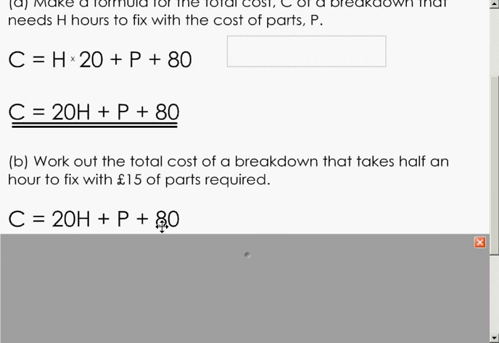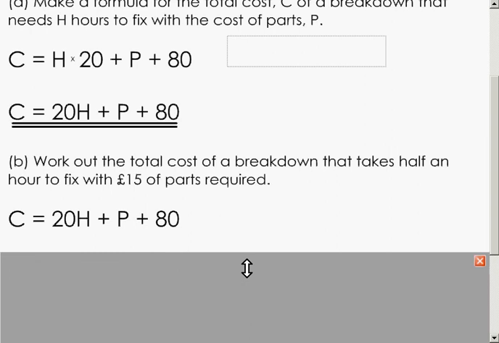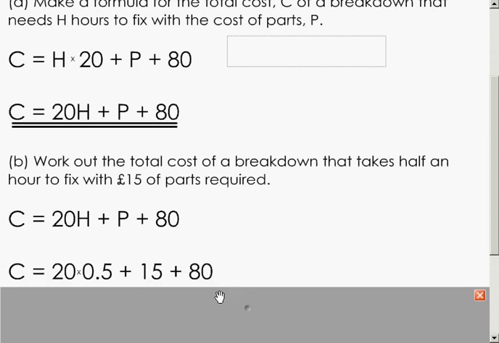Then we want to add on the call-out charge, which stays constant at £80. So our next line, C equals 20 times 0.5 plus 15 plus 80.